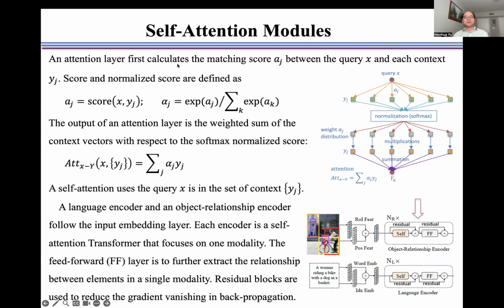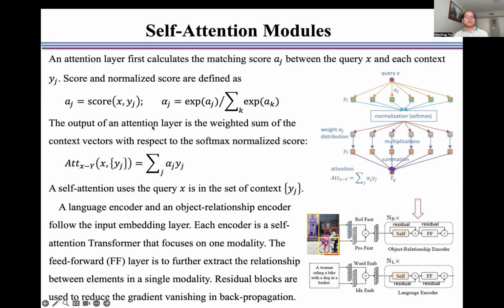The attention layer first calculates the matching score A_G between the query X and each context Y_G. The score and normalized score are defined as A_G and alpha_G, as shown in this figure.